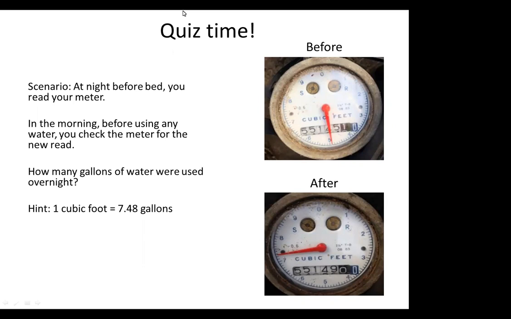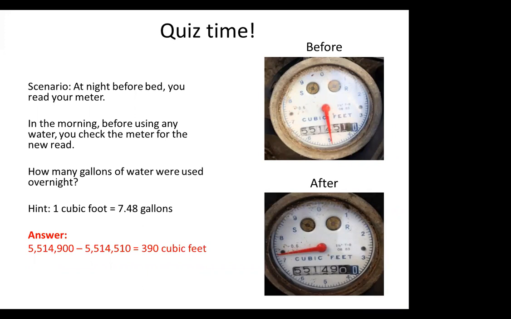Okay, so I'm going to go ahead and end that poll and move on and see what that answer was. So here were the results. And let's take a look at the answers. So doing the math here, you would take that second read minus the first read, which equals 390 cubic feet.